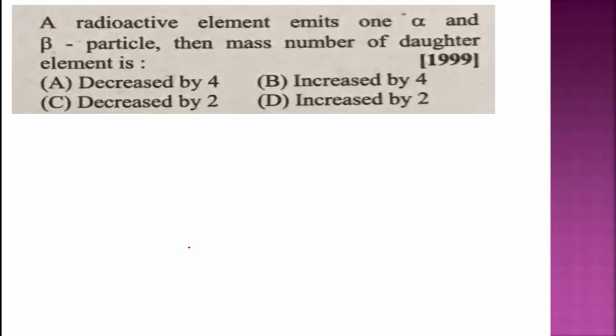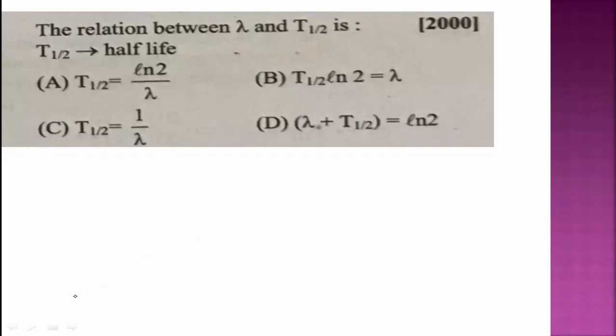But when beta particle is emitted, there is an increase by 1 atomic number but no change in the atomic mass. Therefore, when one alpha and one beta particle are emitted from the given radioactive element, the mass number of the daughter nucleus decreases by 4. The option B is the right answer.